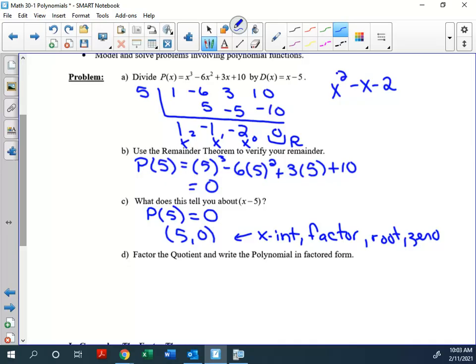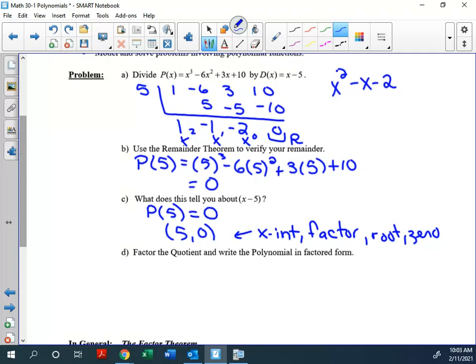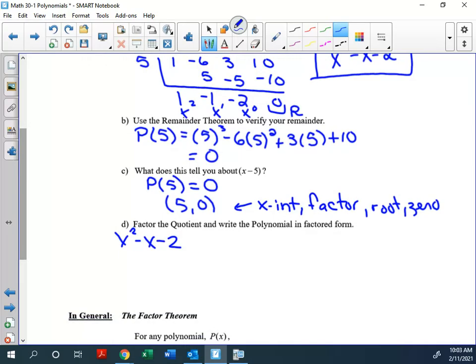So write the factor the quotient and write the polynomial in factored form. Well, here was my quotient. We're able to factor that nicely, so that's just going to be x minus 2, x plus 1, which lets me give the polynomial. So remember, we're going back to the beginning.